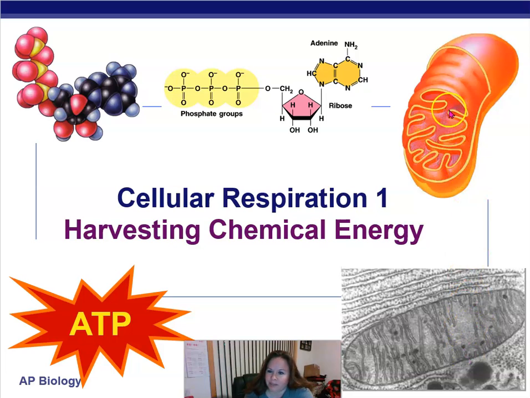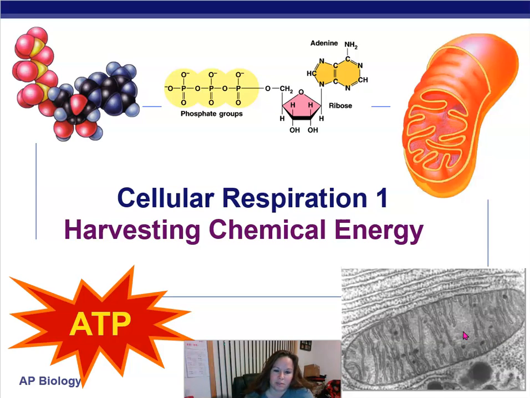The enzymes are embedded on all these wonderful folded membranes that go across the internal compartment of the mitochondria. So our whole point here for chapter 9, learning about cell respiration, is how we make ATP.